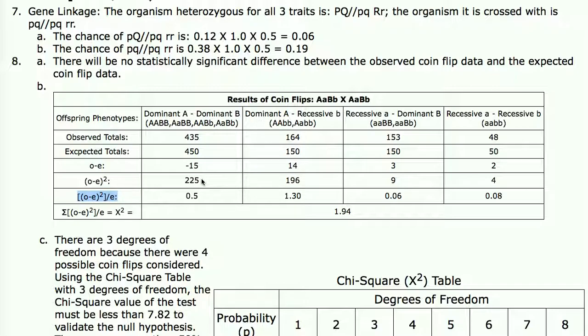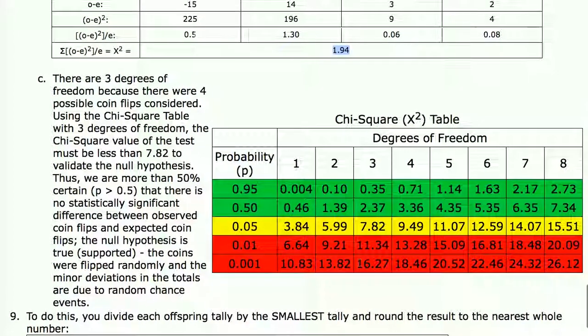So 225 divided by your expected, which is 450, comes out to 0.5. 196 divided by 150 comes out to 1.3. 9 divided by 150 comes out to 0.06. And 4 divided by 50 comes out to 0.08. When you sum those up, it comes to 1.94.